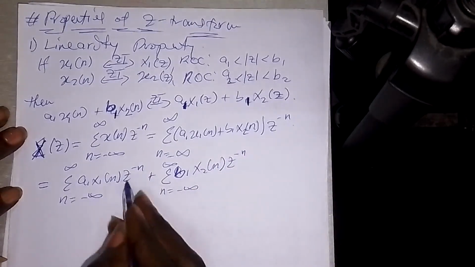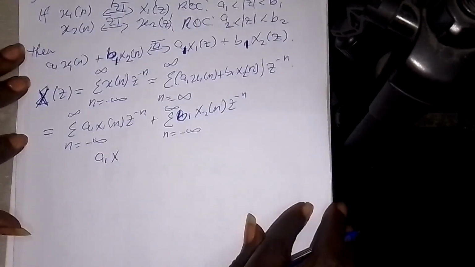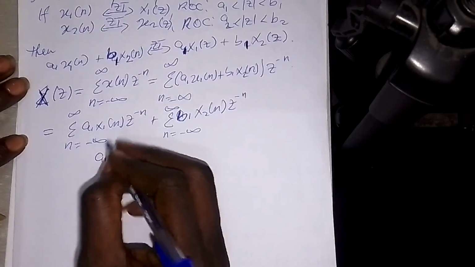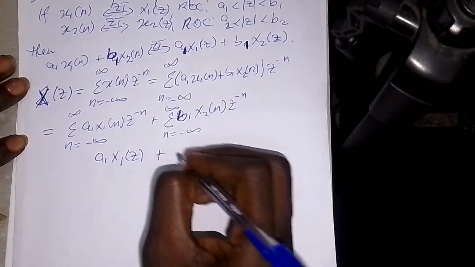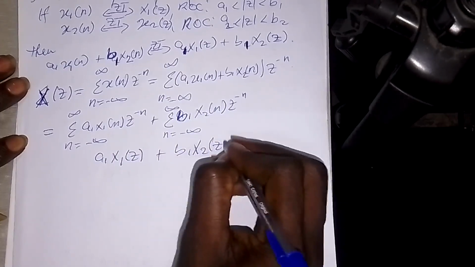Now when I have this, obviously this is going to give me A1 X1 of Z, plus B1 X2 of Z.